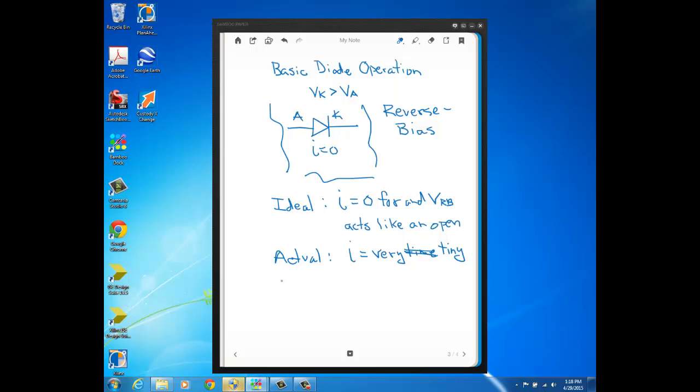So really, when you take a look at the basic operation of a diode, you can make a summarizing statement that basically a diode is a voltage-controlled switch.